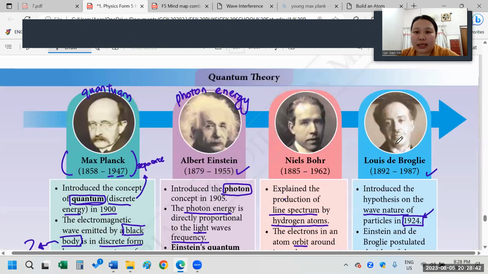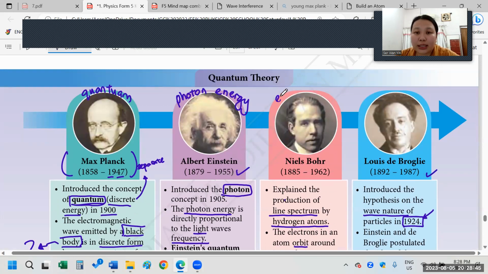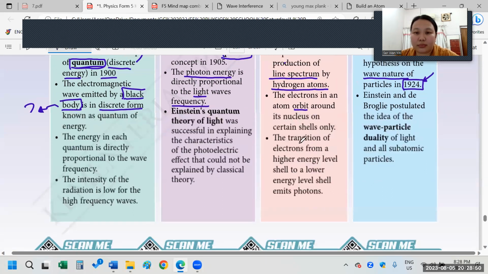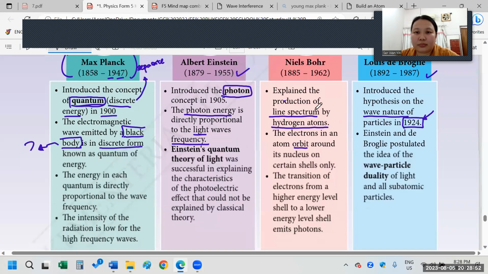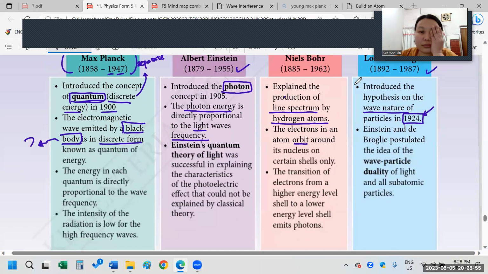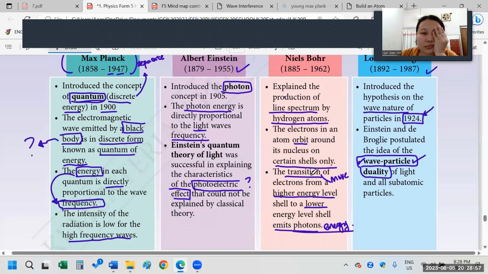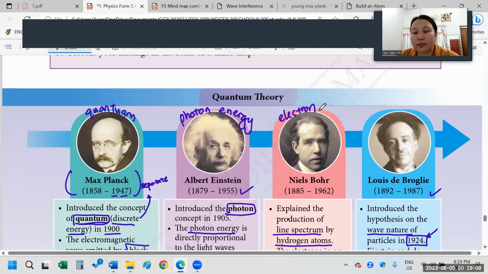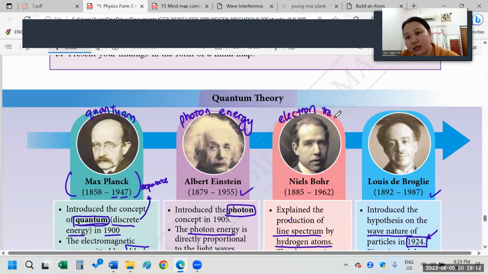Okay, so now Niels Bohr said what? Niels Bohr said electron emits photon. Electron transit, emits photon. Transit means move, then release photon.